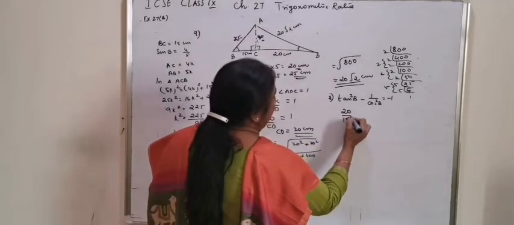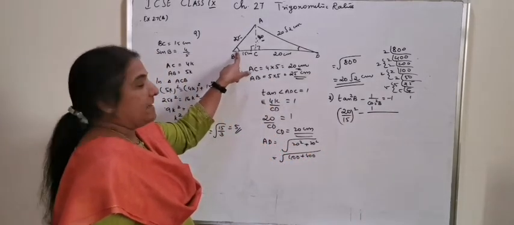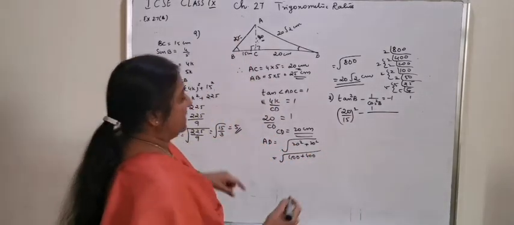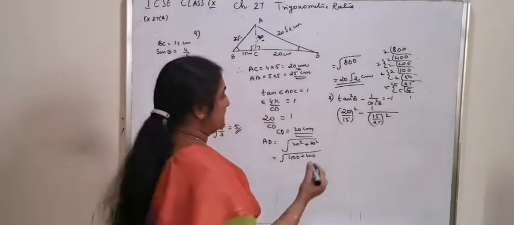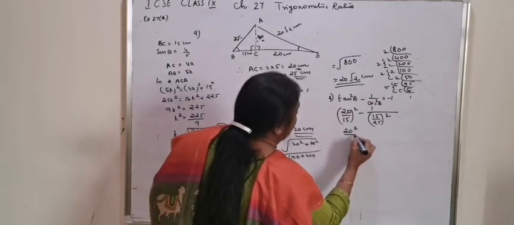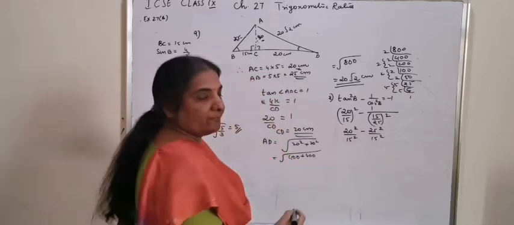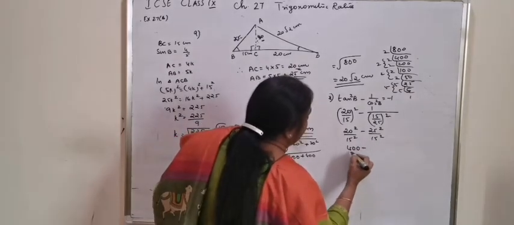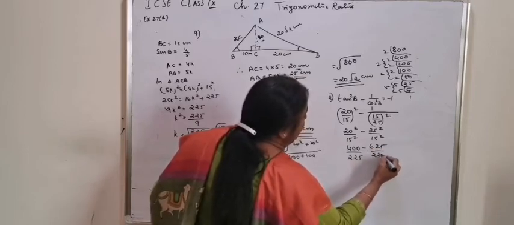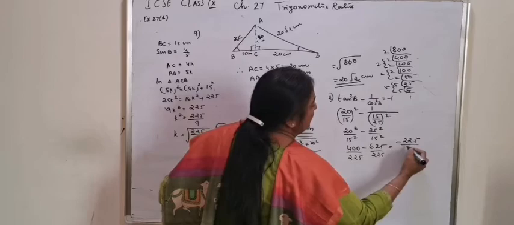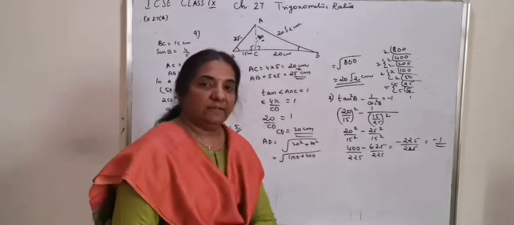So (20 by 15) the whole square minus 1 by cos b, which is the same as (15 by 25) the whole square, which is the same as 20 square by 15 square minus 25 square by 15 square, or 400 by 225 minus 625 by 225, which is equal to minus 225 by 225, which is equal to minus 1.